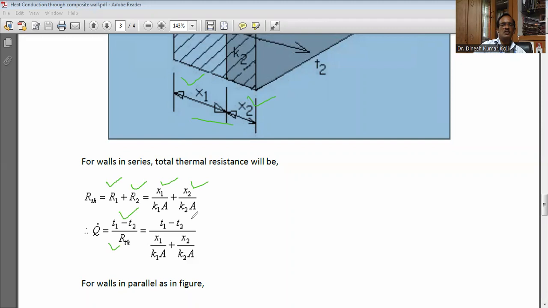So Q equals (T1 minus T3) upon (x1 by k1A plus x2 by k2A). The resistances are directly added in series. Using this relation, we can find the heat flow rate for this composite wall. Here K1 and K2 are the thermal conductivities of the different plates, and x1 and x2 are their thicknesses.